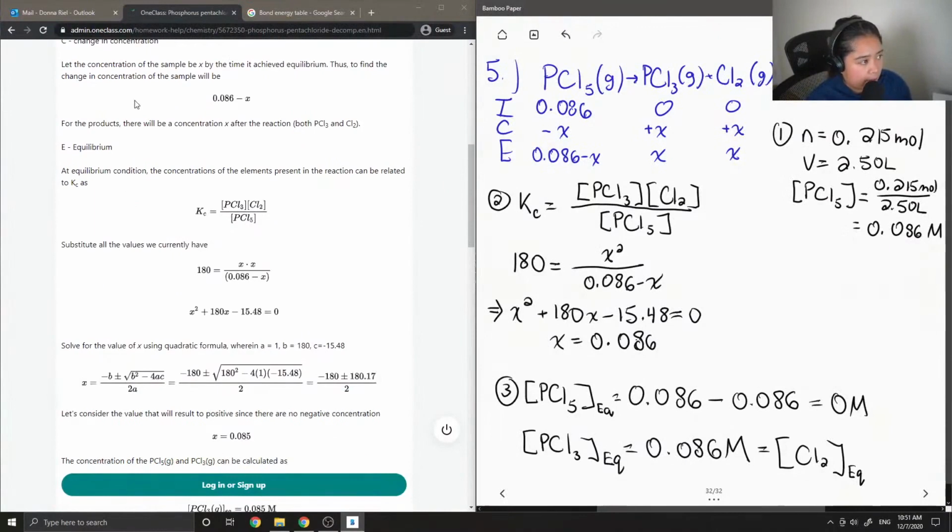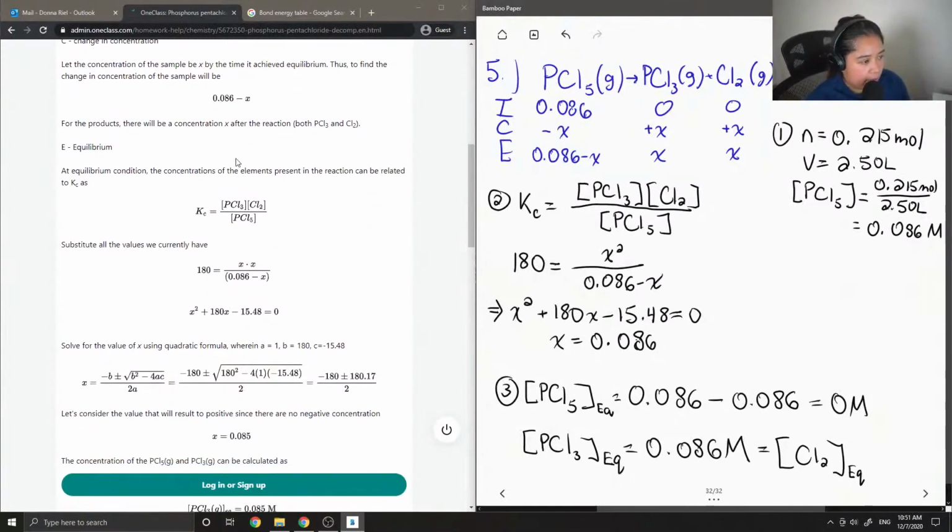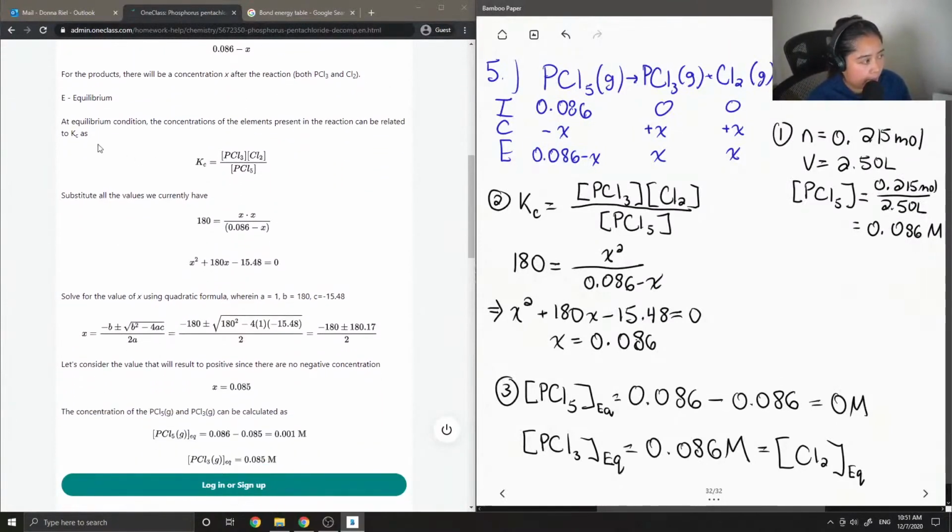For the change in concentration, let the concentration of the sample be x by the time it achieved equilibrium. Thus, the concentration of the sample will be 0.086 minus x. For the products, there will be a concentration x after the reaction. At equilibrium, concentrations of the elements present in the reaction can be related to Kc.